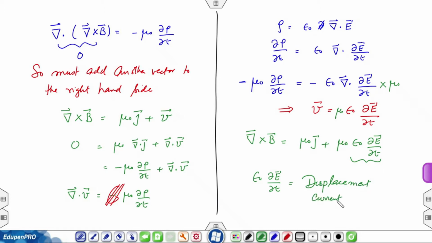Displacement, because epsilon 0 E is related to displacement in a dielectric medium. So, we will call it displacement current. It has obviously dimensions of J, right.